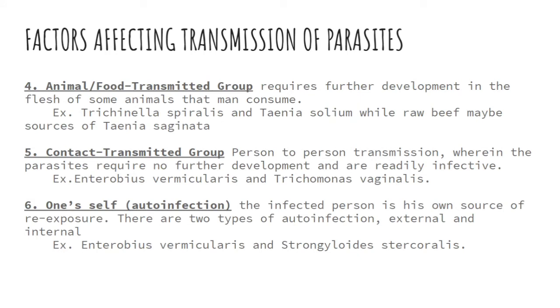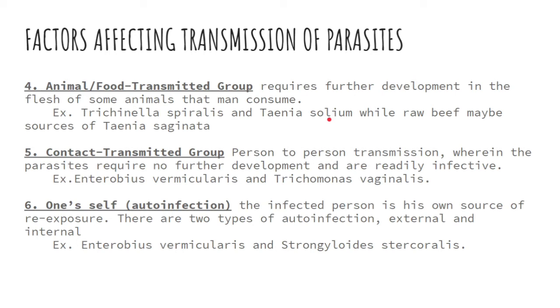You also have the animal or food transmitted group, which requires further development in the flesh of some animals that man can consume. A good example of this group is your Trichinella spiralis and Taenia solium, while eating raw beef may be a source of Taenia saginata. Itong Trichinella at si Taenia solium po, nakukuha ito sa pagkain po ng raw na pork.